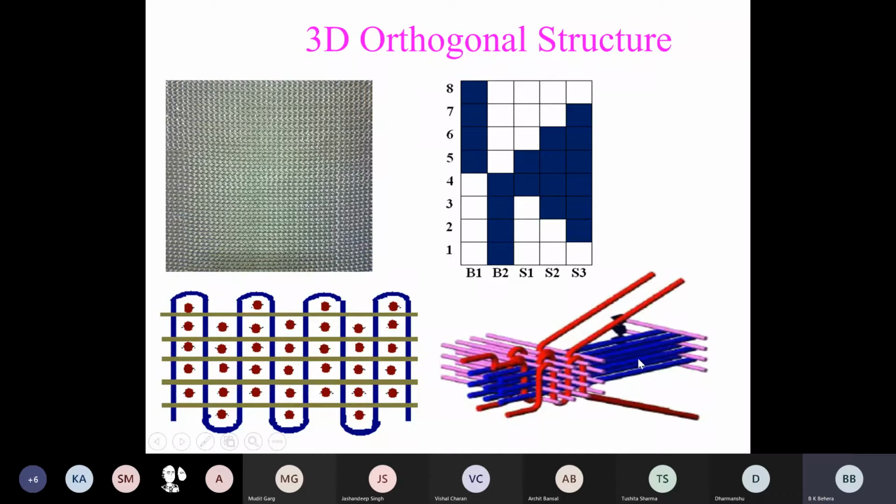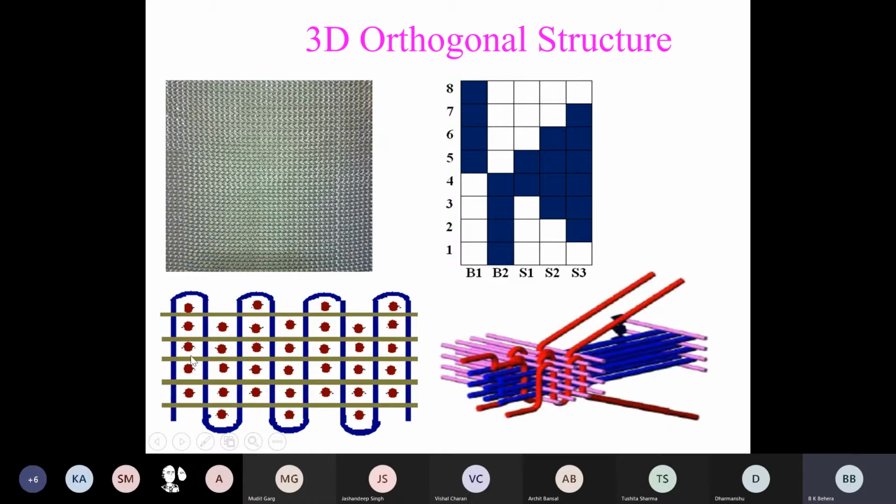The blue are your stuffer warp, red is binder warp, and pink color is your weft yarn. The dots are the weft, and this is the binder yarn, which is binding the structure. In this diagram, it is red.